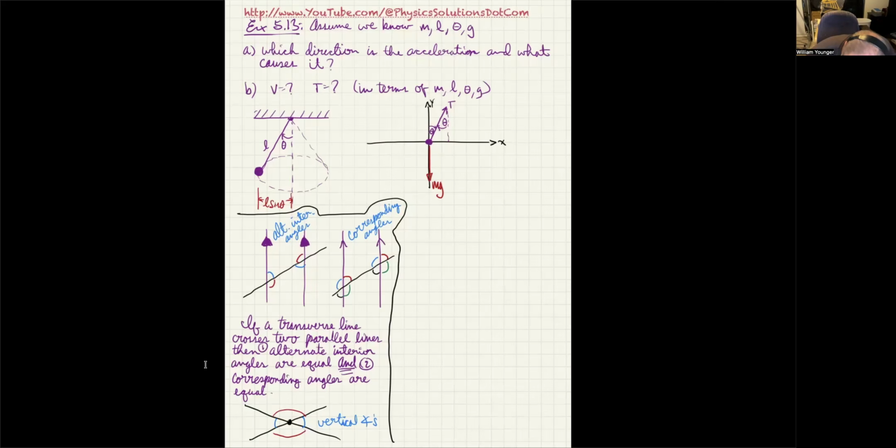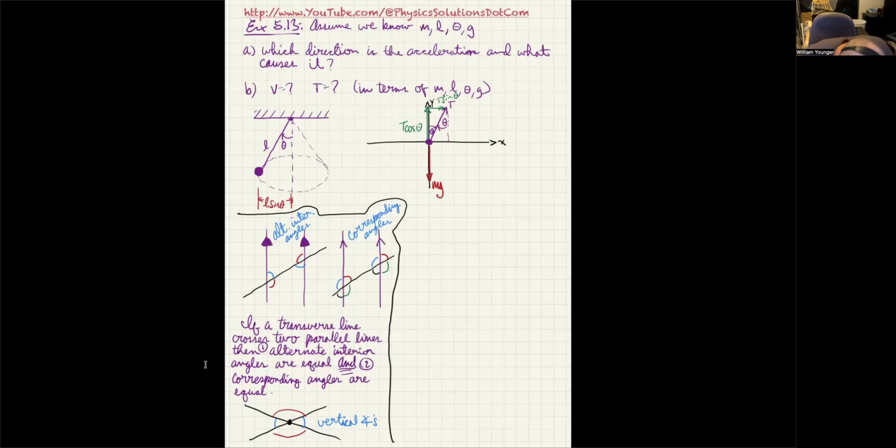So I need to break it up into components parallel to the x-axis and y-axis, and obviously that would mean the y component is positive, and this would be given by T cosine theta, and the x component is also positive, and that would be given by T sine theta, like that.